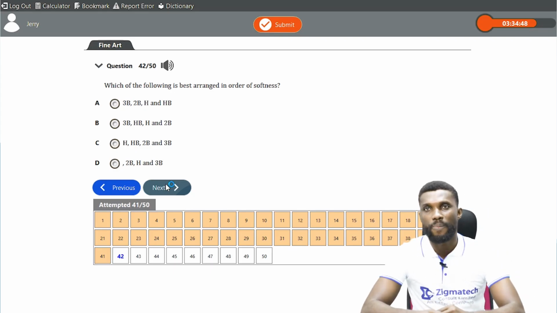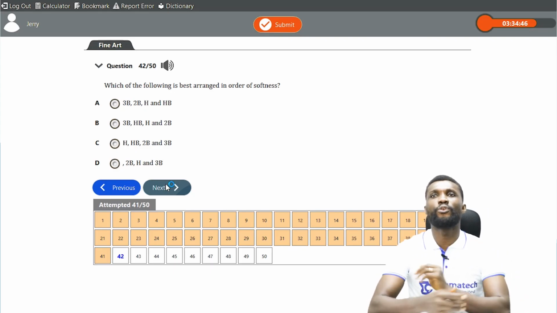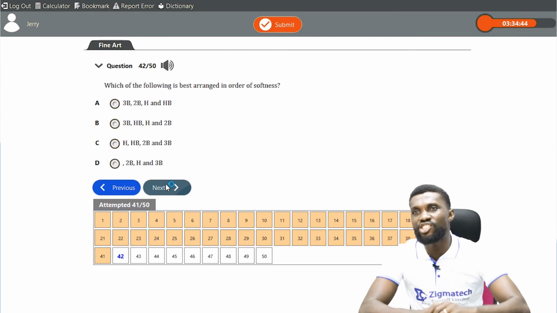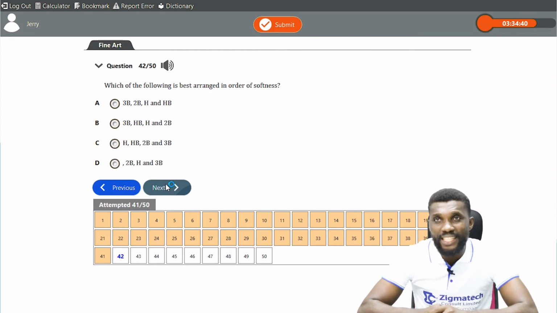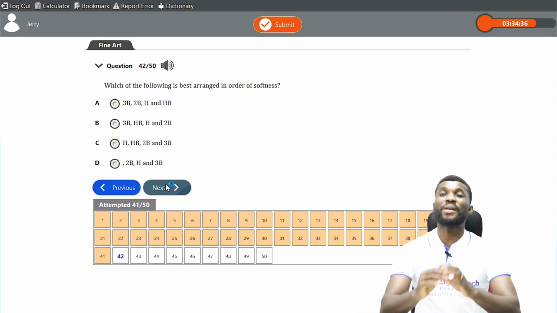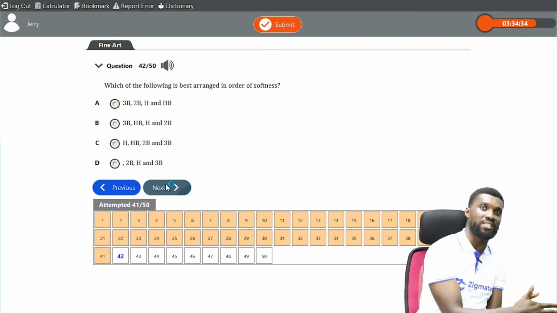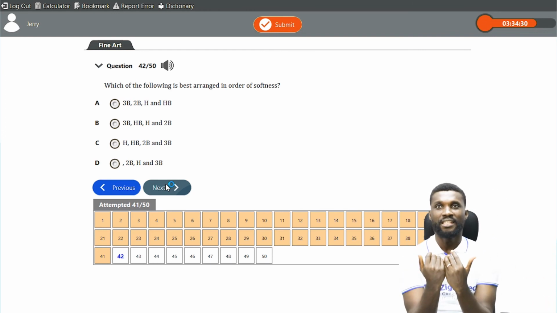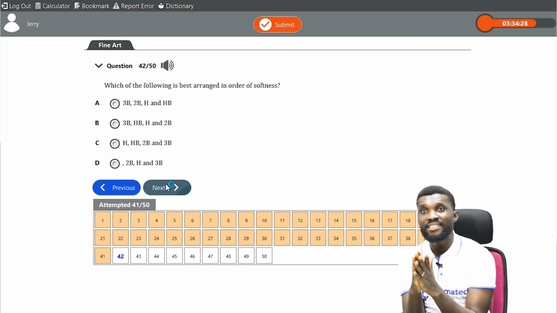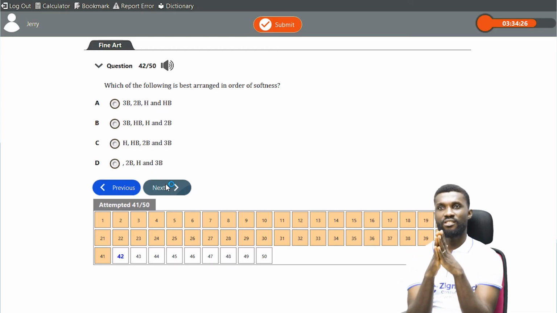Question 42. All right, now which of the following is best arranged in order of softness? Which of the following is best arranged in order of softness? Now, based on what I just explained about the HB pencils, that should advise your answer. Now, they say, which of the following is arranged in order of softness?